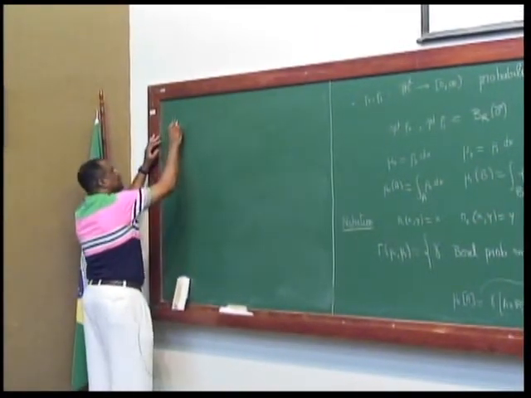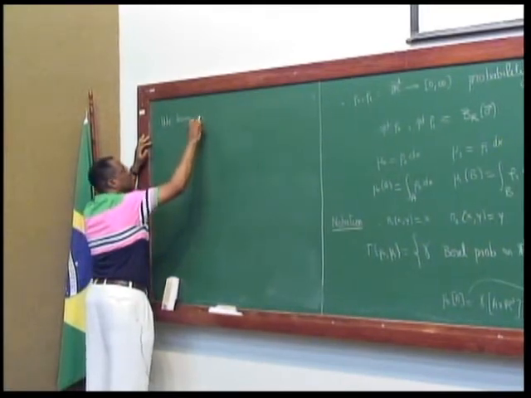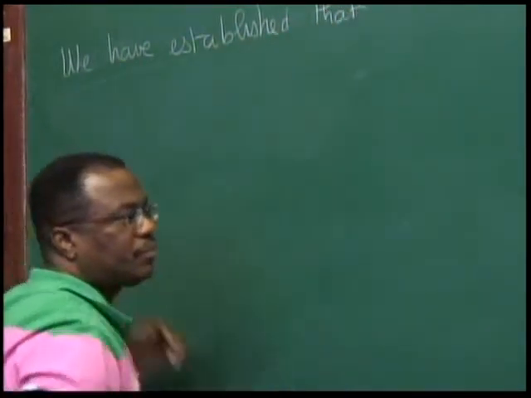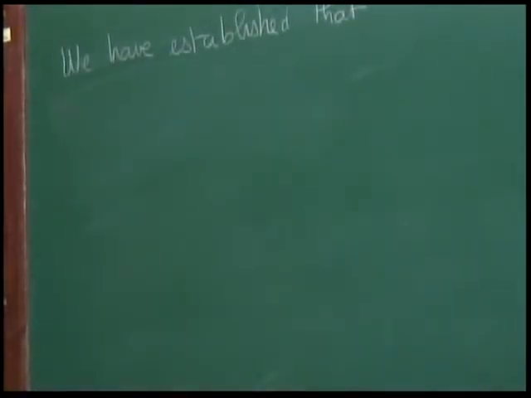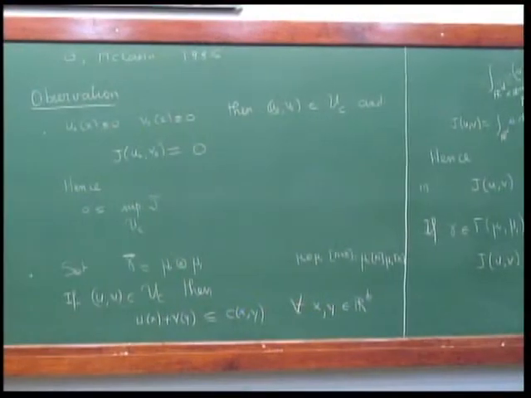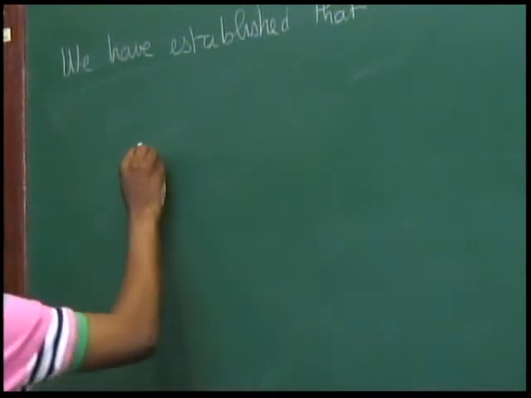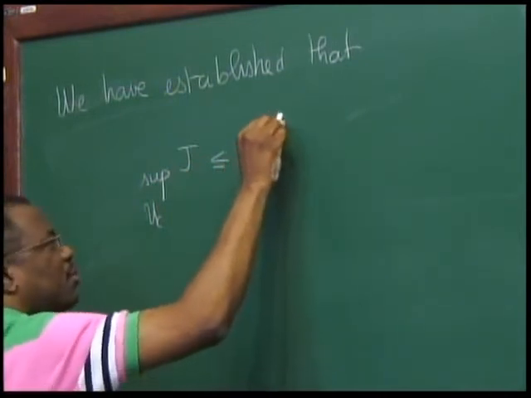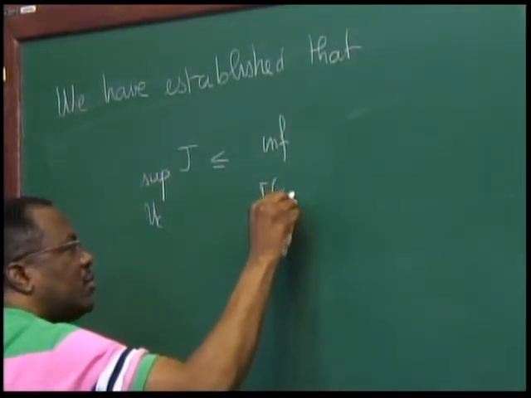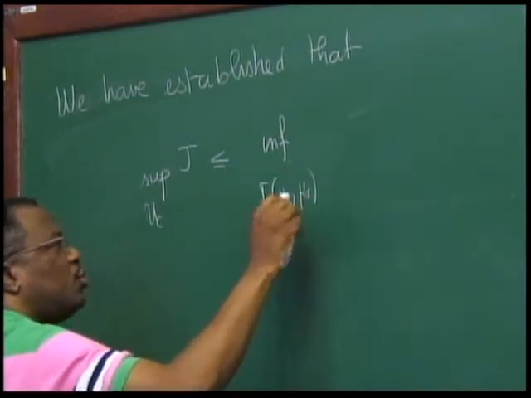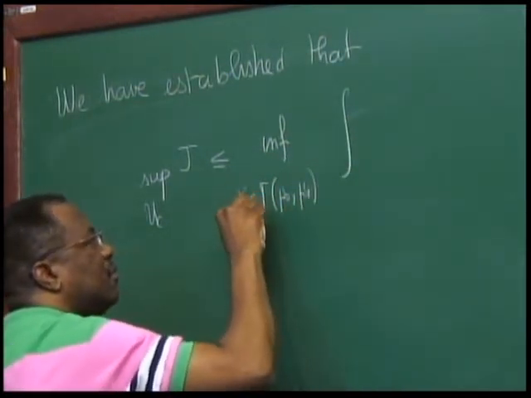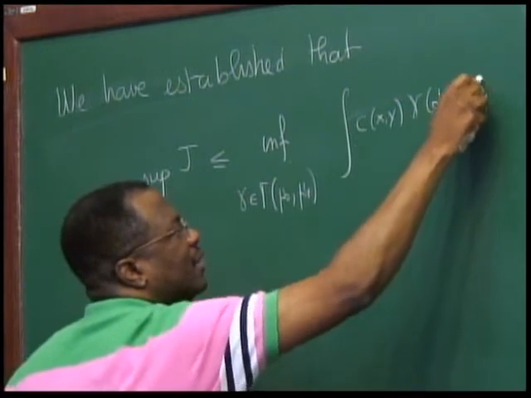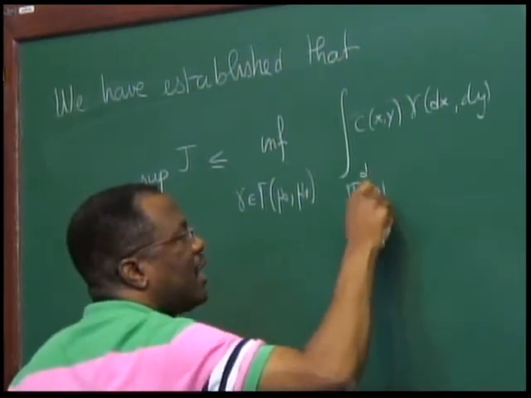We have established that the supremum over UC of J is less than the infimum over gamma in mu naught, mu 1 of the integral of C(x,y) d gamma over R^D cross R^D.